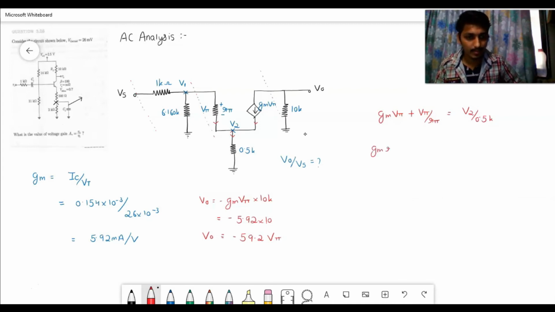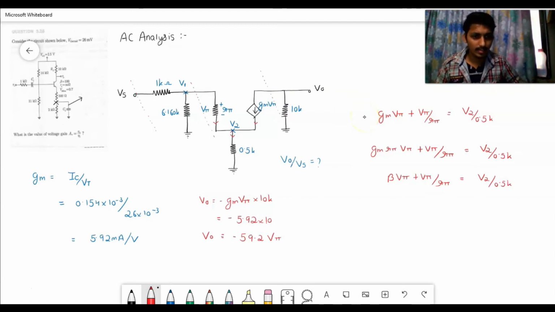So gm v pi plus v pi by r pi equals v2 by 0.5 k. gm r pi is beta, so beta v pi plus v pi by r pi equals v2 by 0.5 k.